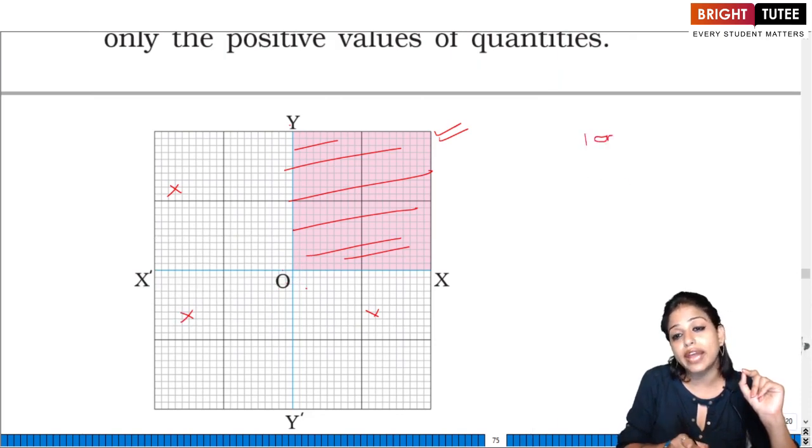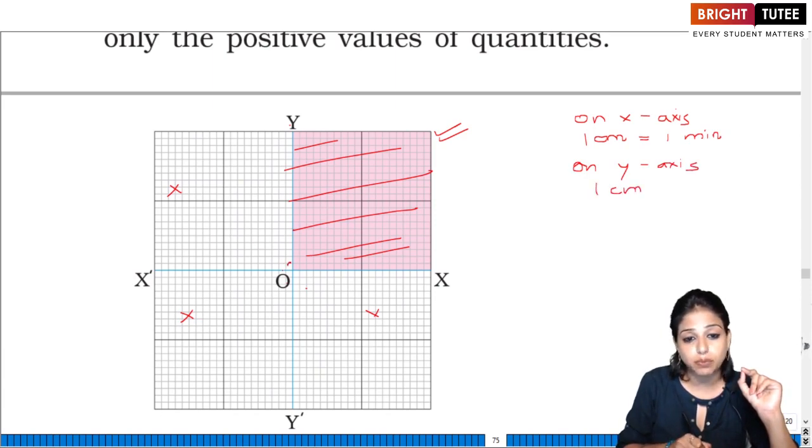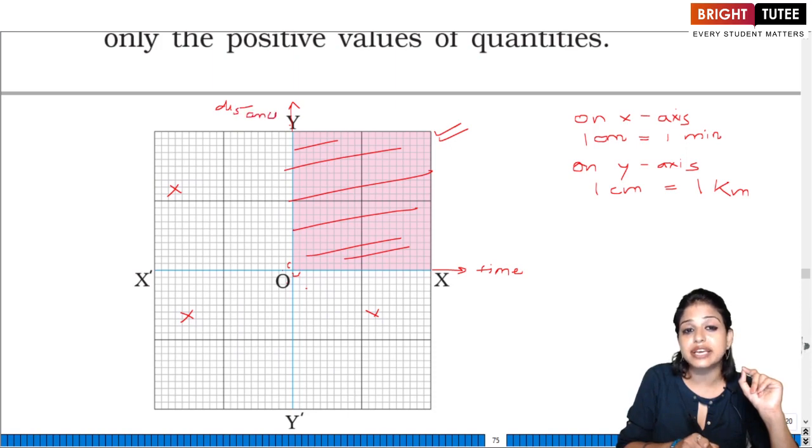So what we have defined on the x-axis, 1 centimeter shows me 1 minute, and on my y-axis, I am again choosing a 1 centimeter box, that is this box is given to be 1 kilometer. Now students, it is important to understand we are taking time on the x-axis and on the y-axis the distance covered, right?